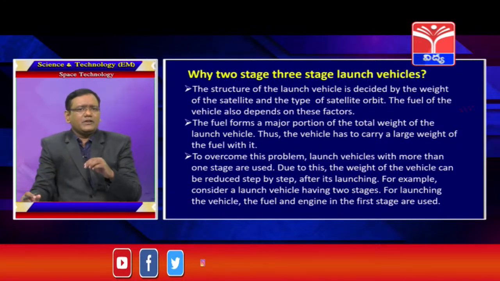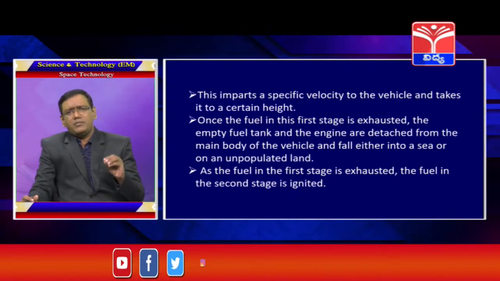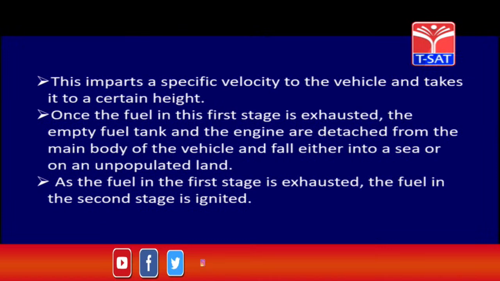So for example, consider a launch vehicle having 2 stages. For launching this vehicle, the fuel and the engine in the first stage are used. This imparts a specific velocity to the vehicle and takes it to a specific height.